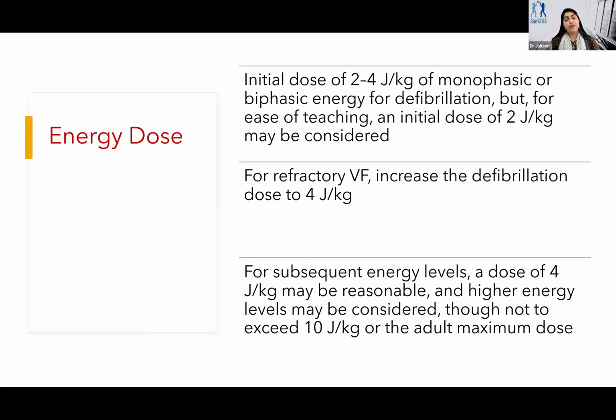But if you are using the first as 2 joules, second as 4 joules, third as 6 joules, and then up to 10 joules per kg or the adult maximum dose, that is also correct. So it's our personal choice, but always remember that the initial dose of the first shock is 2 joules and the subsequent is 4 joules per kg.